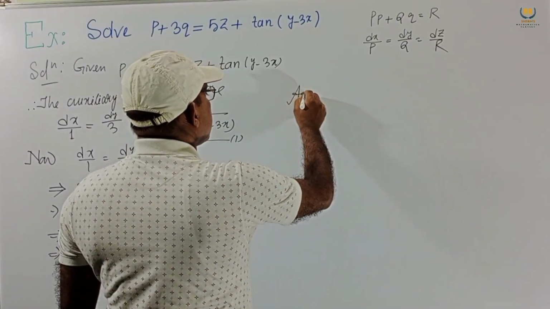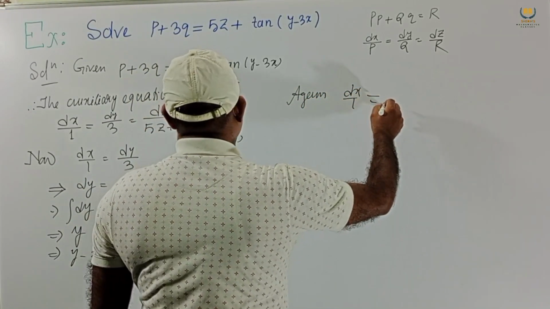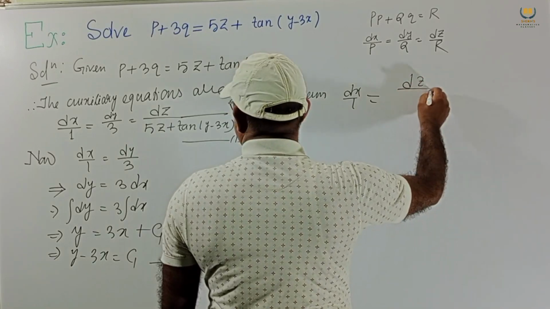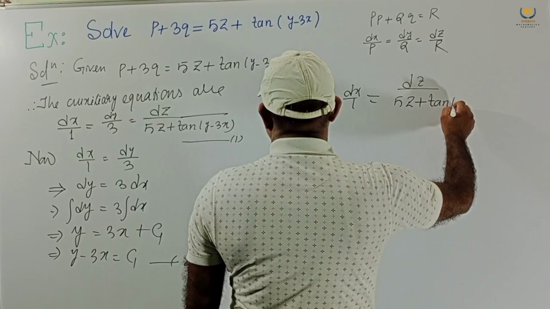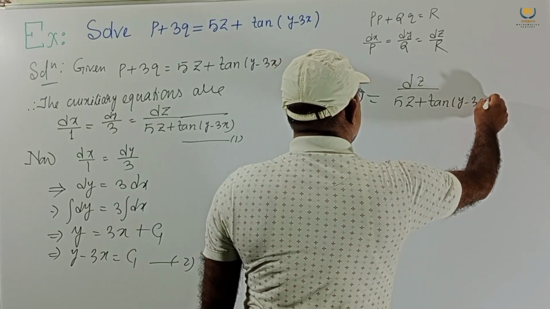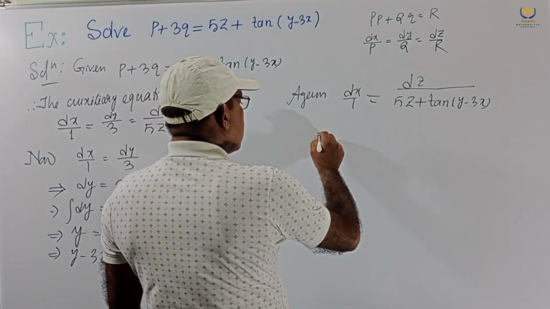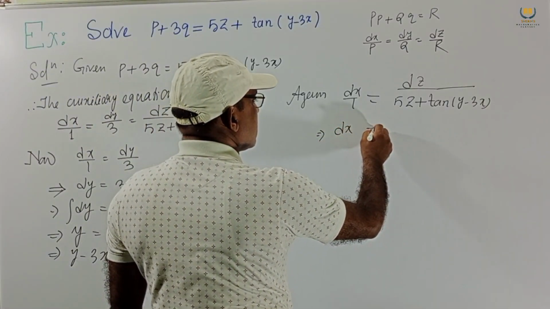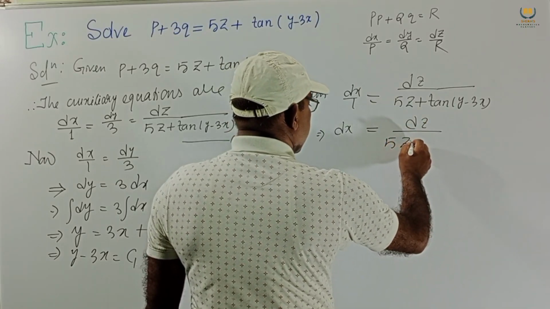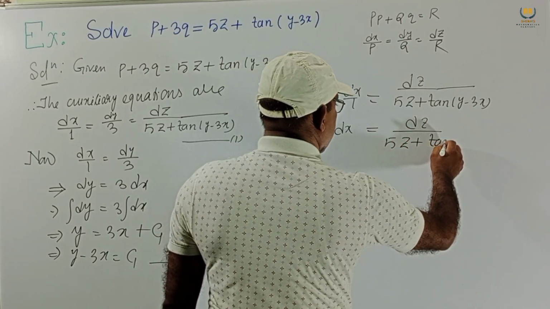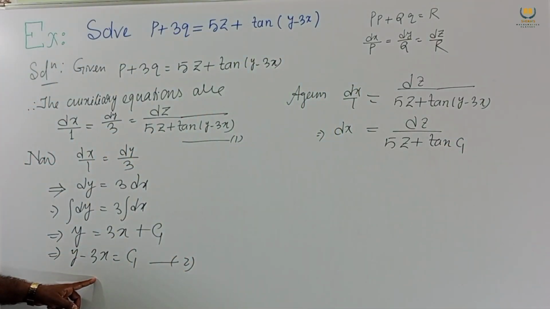Again dx by 1 equals dz by 5z plus 10y minus thrice x. So this implies dx equals dz by 5z plus 10 c1, because we know y minus 3x equals c1.